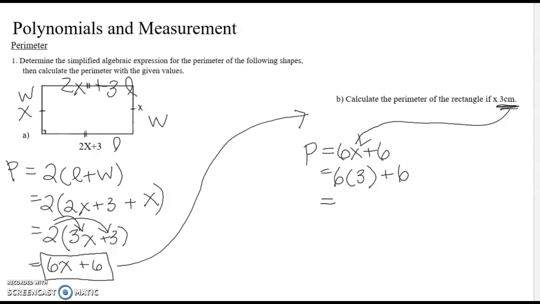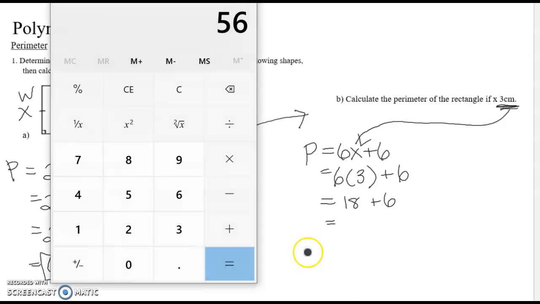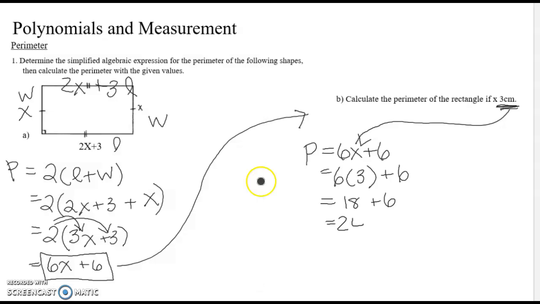In your calculator, 6 times 3 is 18, and then we still have to add 6. When you add 18 plus 6, you want to use your calculator just to be sure, and you get your final answer of 24.